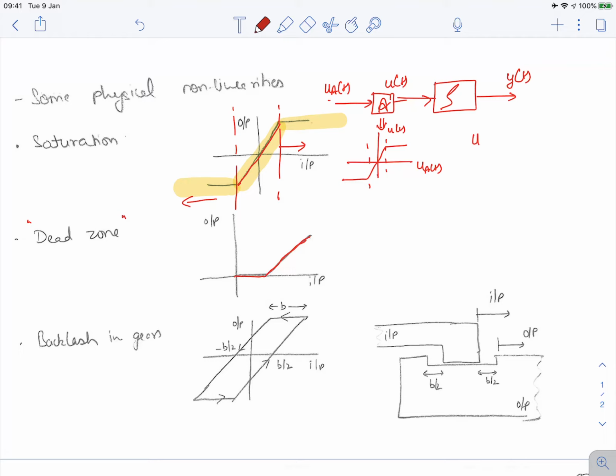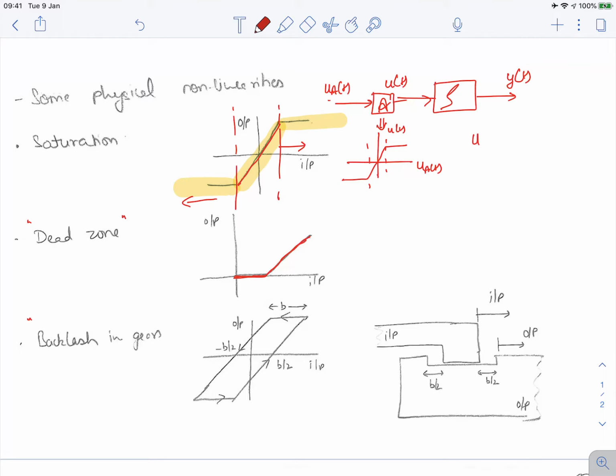So there is this zone such that if your input lies in this range, then there is no output. That's why we call it a dead zone, and this is a common phenomenon in the DC motor, that once you start applying a voltage of minimal value, only after that you would see the angular rotation of the motor.